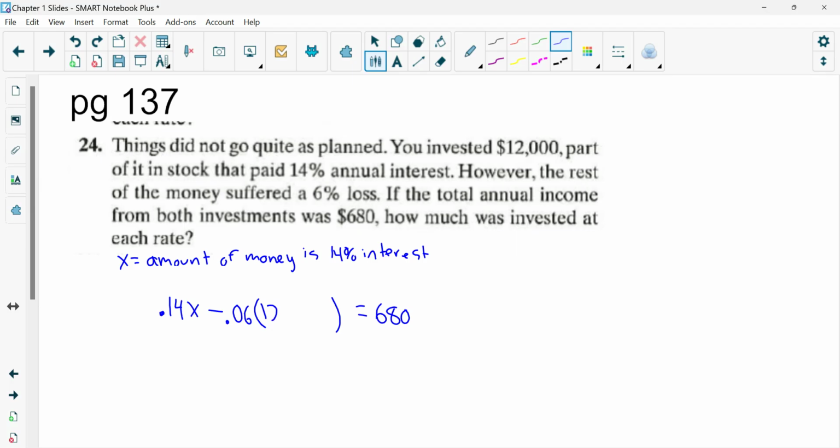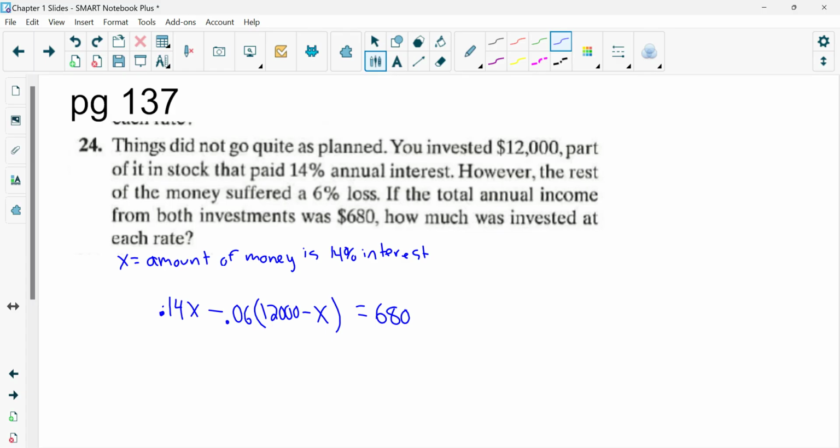I have the $12,000 that I started with, and I would take away the amount that I put in here, which is x. So this is saying 14% of the amount I put in the first account minus 6% loss, and then it's 12,000 minus the amount of money I put in the other account. That gives me that.